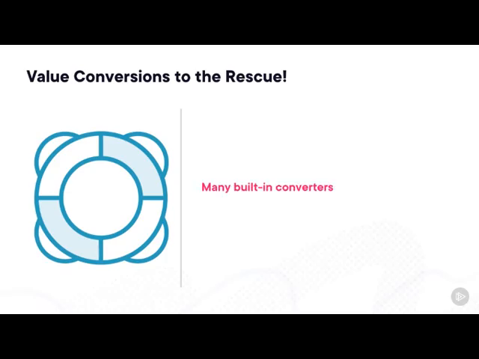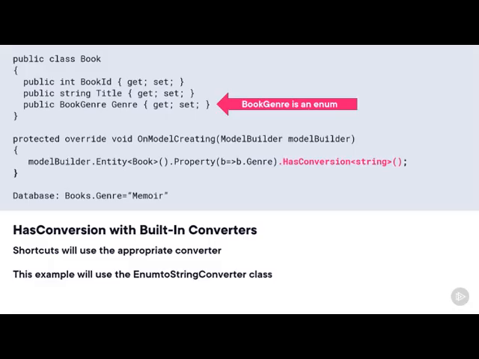There are some built-in conversions that are easy to reference, and you can write your own. I'll show you some examples. First are the built-in converters that are triggered in the same way that you map any property using the Fluent API, with a method named HasConversion. In fact, the ability to store enums as a string is one of those built-in converters.